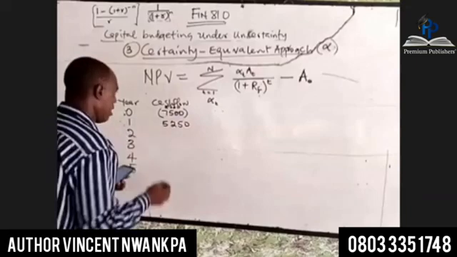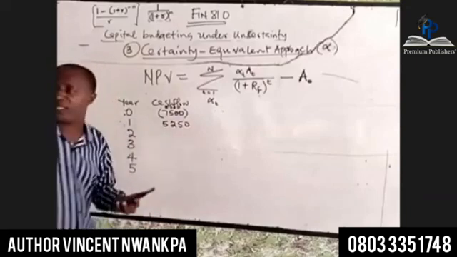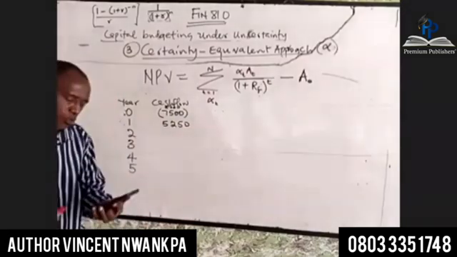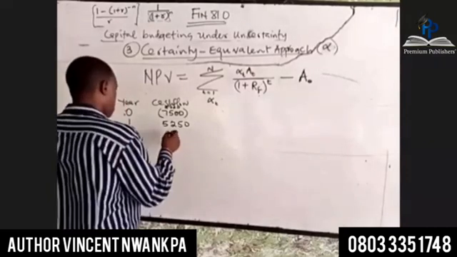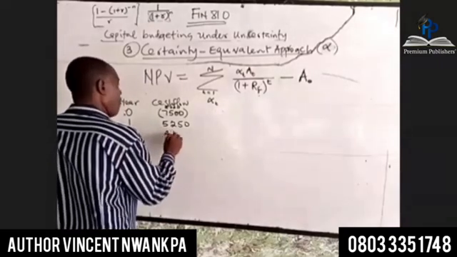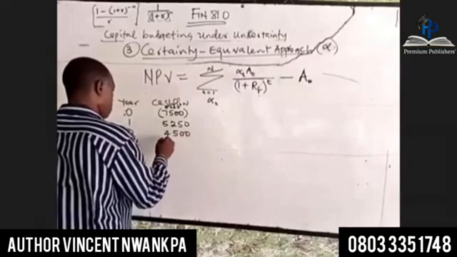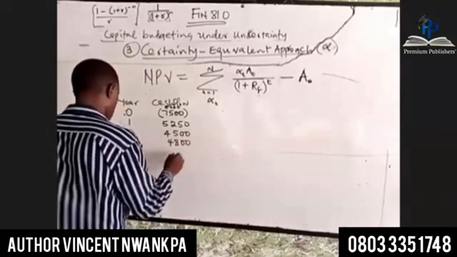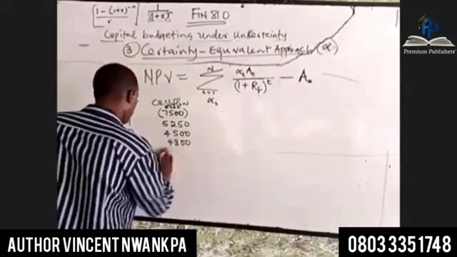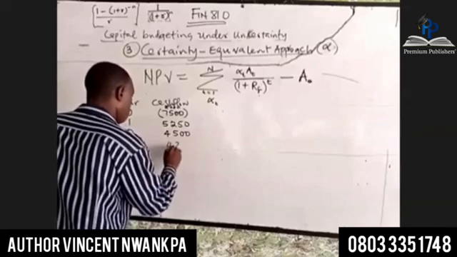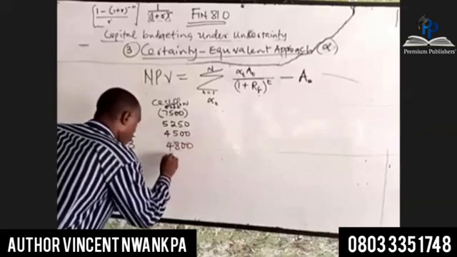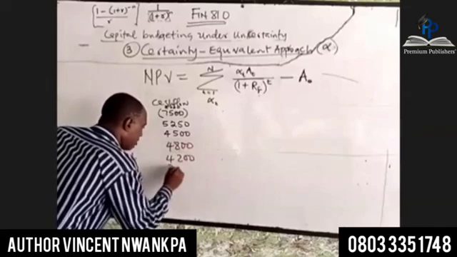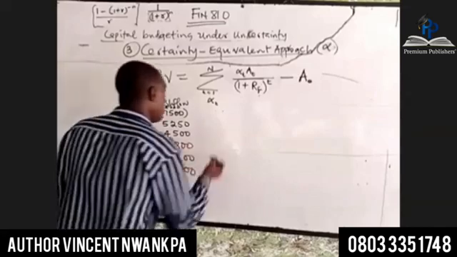Let's look at the net cash flows: 4, 5 thousand, 4, 8 thousand, 4, 2 thousand, and 3,000. You see the same thing we are doing.